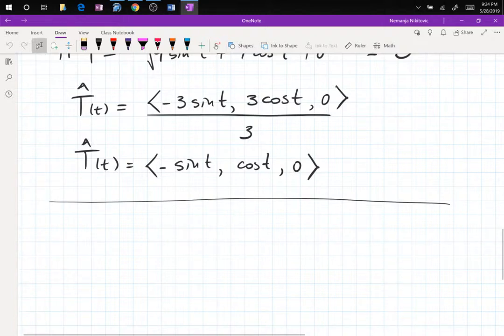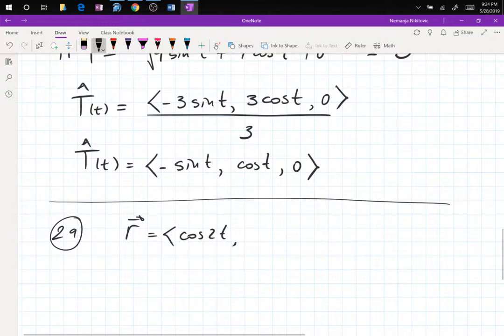So they have this helix given as r(t) equals cosine 2t, 4, 3 sine 2t, and t is pi over 2.